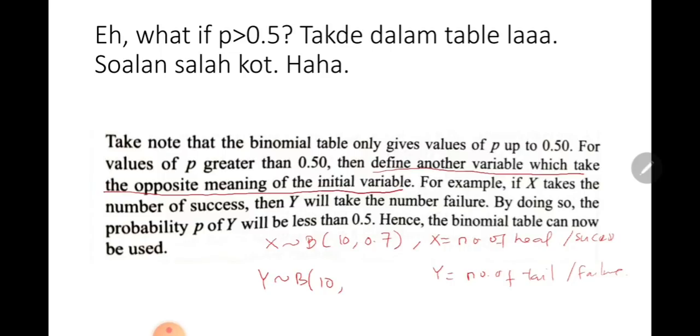So if the probability of failure, or getting the tail, your p will be 0.3. So using the opposite meaning of the initial variable, you can use the binomial table.